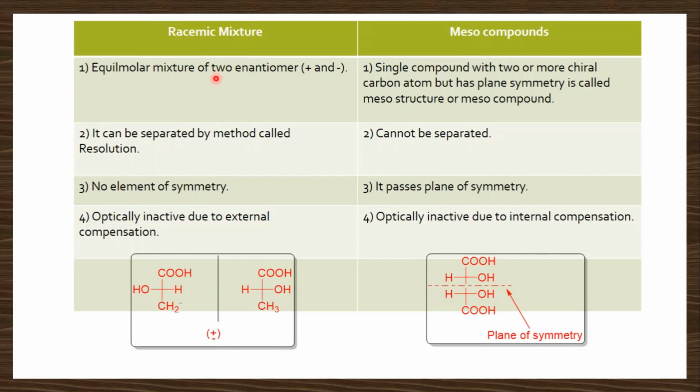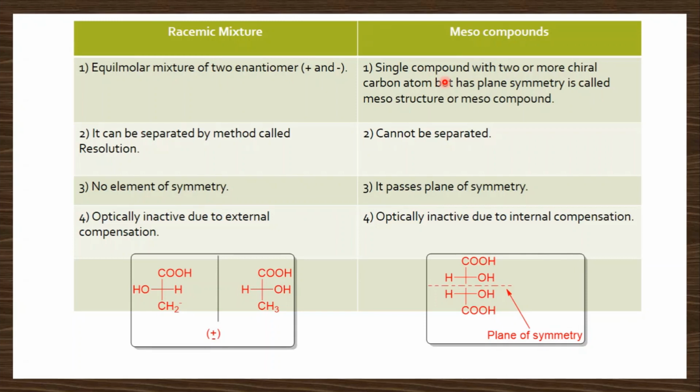While a meso compound is a single compound with two or more chiral carbons but has a plane of symmetry, and is called a meso structure or meso compound. So racemic mixture means what? It is an equimolar mixture of two enantiomers, plus and minus form, while a meso compound is a single compound with two or more chiral carbon atoms but has a plane of symmetry.